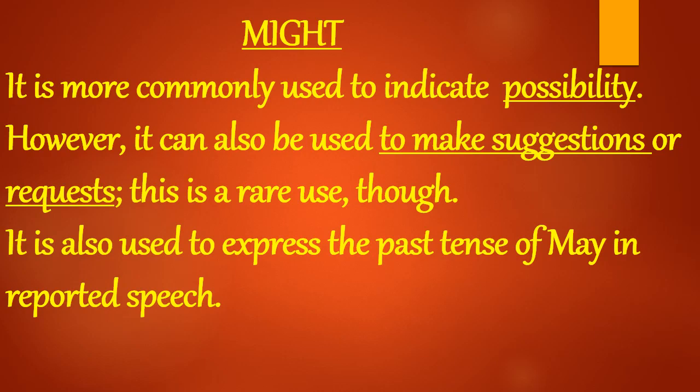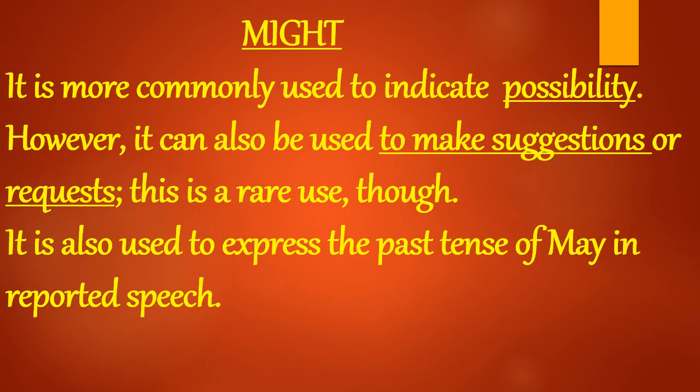In reported speech, we can say that he told me that he might help me. In reported speech, may is changed into might. Then it is used to express purpose in past tense. Like he ran fast so that he might catch the train.